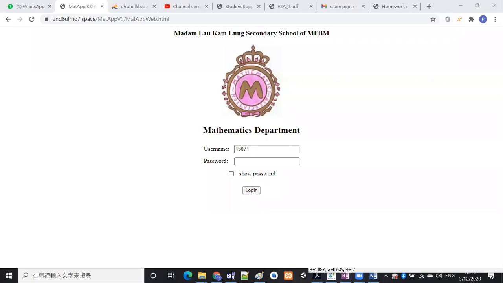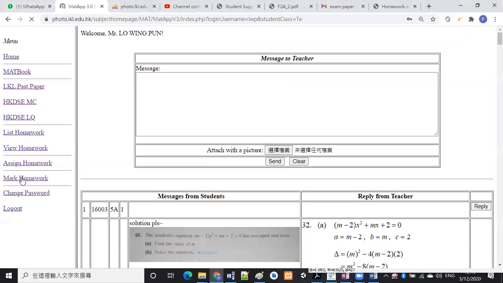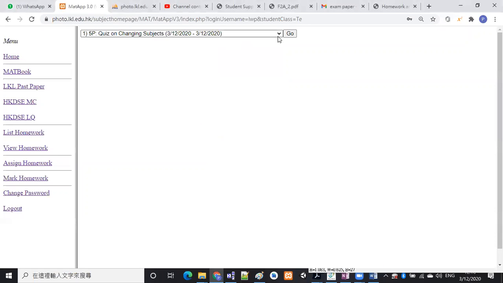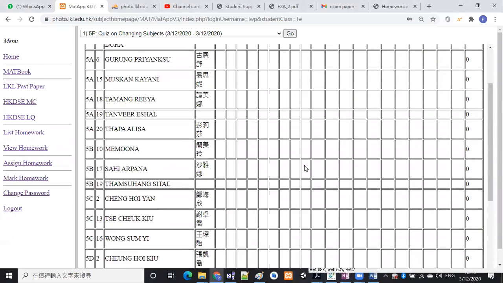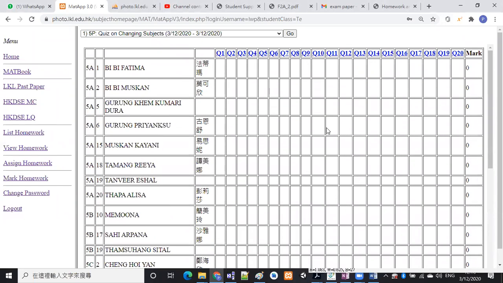Yes, the quiz is in the Math app. The quiz is in which button?